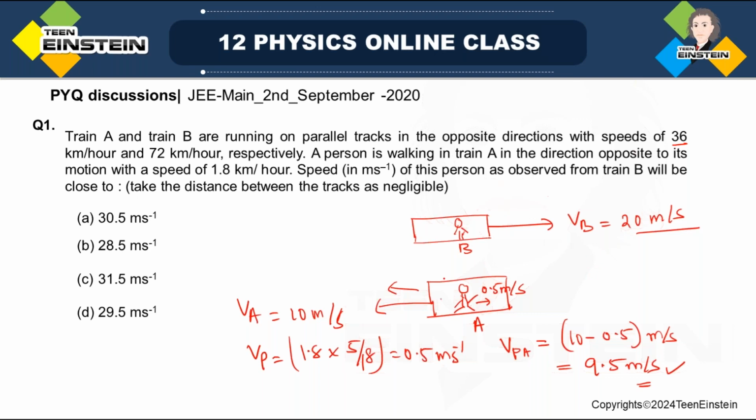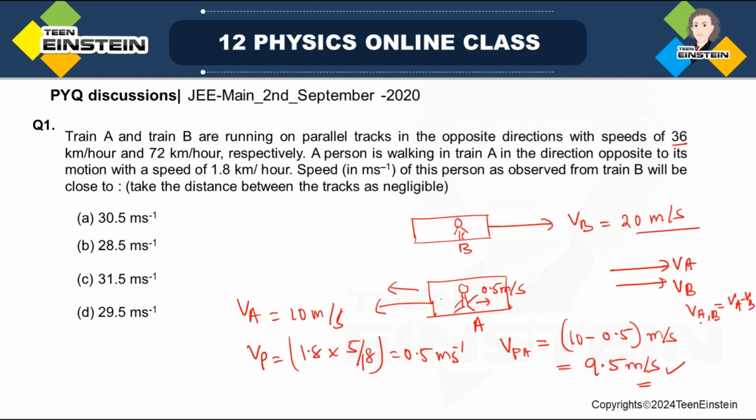How do you find it when they are moving in the opposite direction? You have to just add. If two objects are moving in the same direction with different speeds, suppose this is VA and this is VB, I have to take relative velocity VA minus VB.